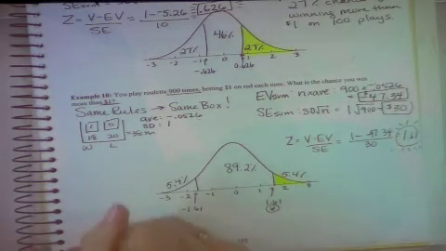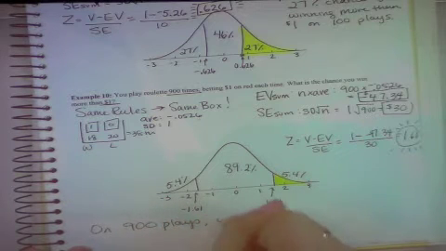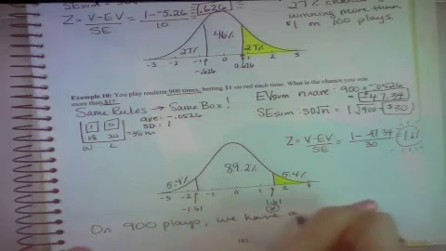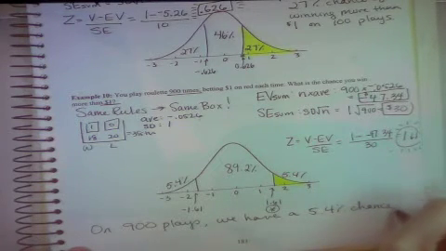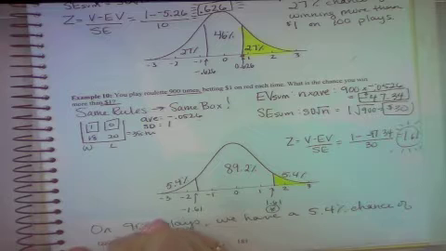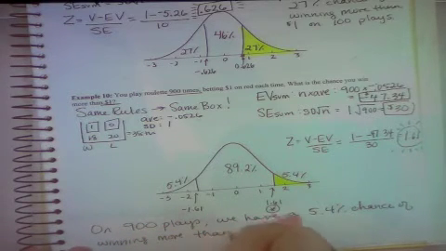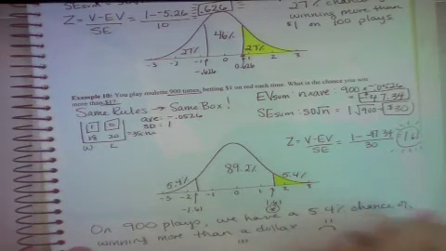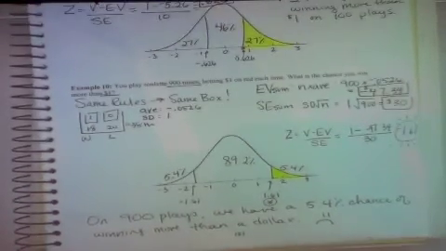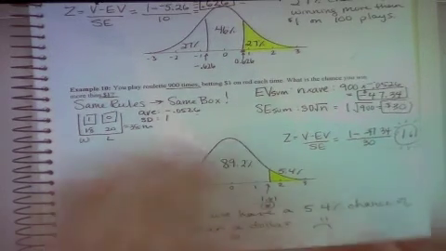So on 900 plays, we have a 5.4% chance of winning more than $1, which I would say frowny face, right? The guy should have stopped at 100. So there you go for all gambling addictions out there.